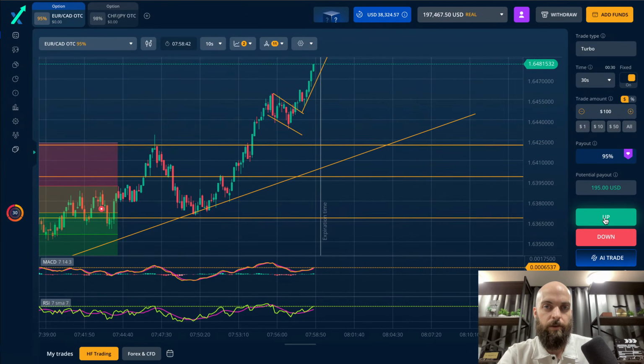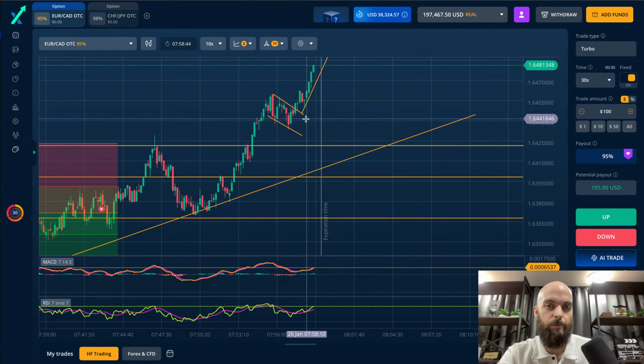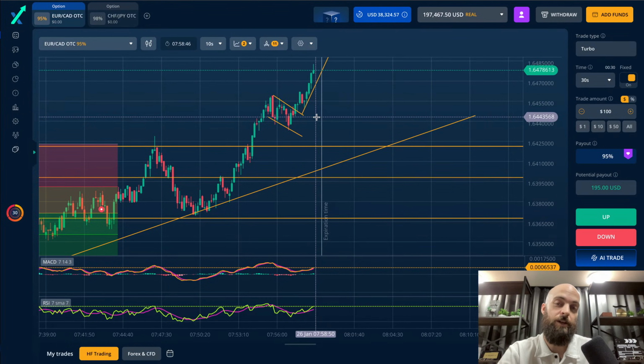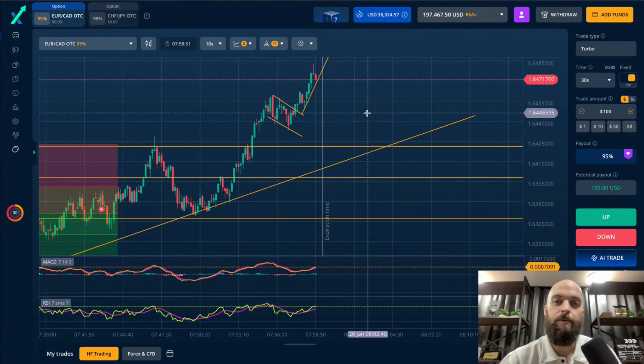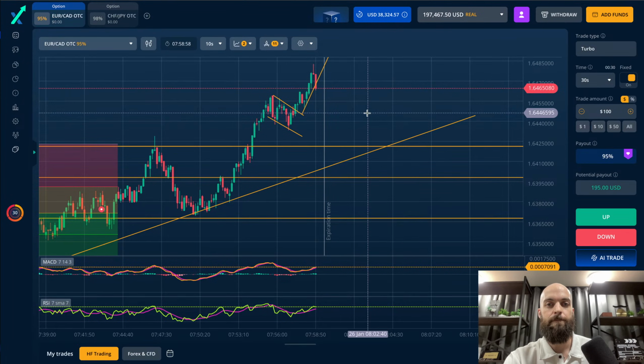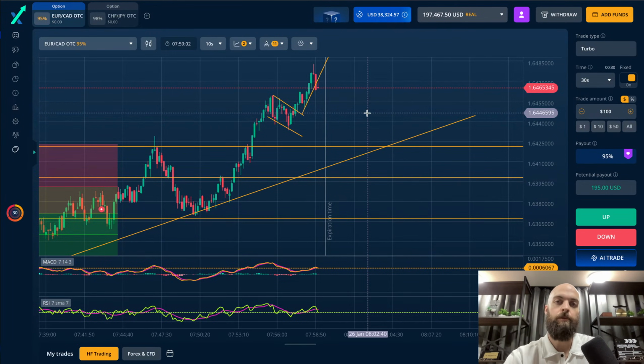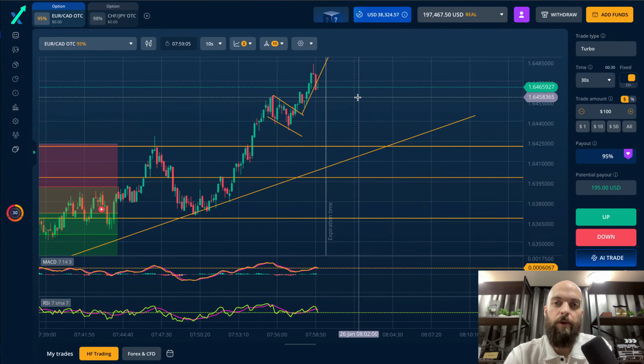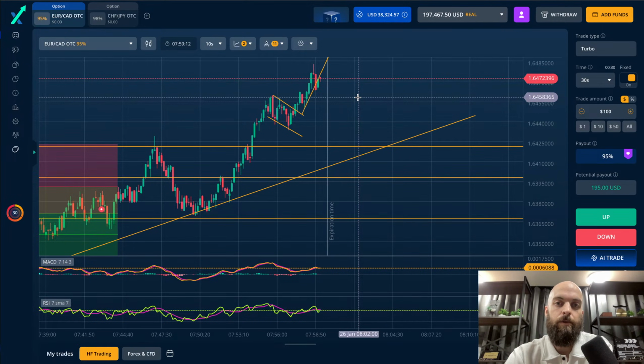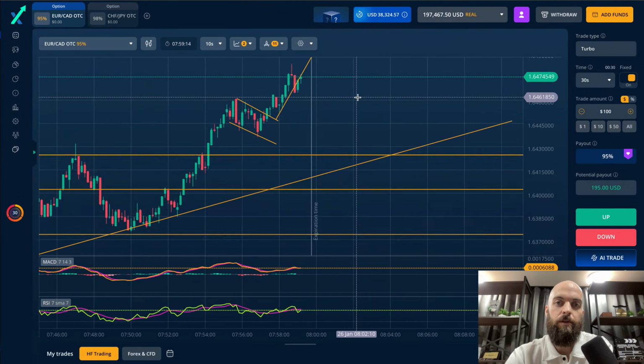I think, yeah, that would have been really nice to catch this breakout, but that's not the strategy for today. Alright, momentum's failing a little bit. I think it ran out of steam. I'm going to start breaking down probably.